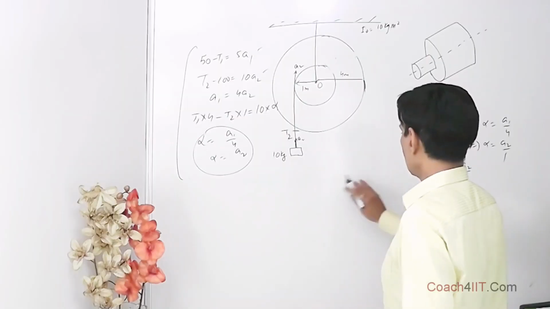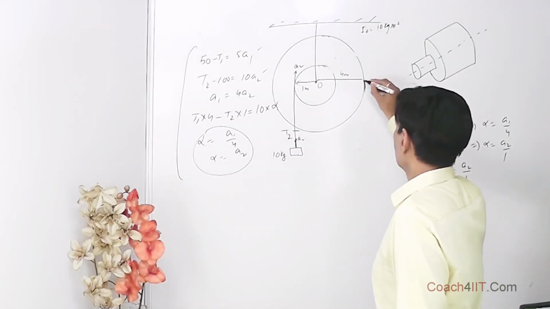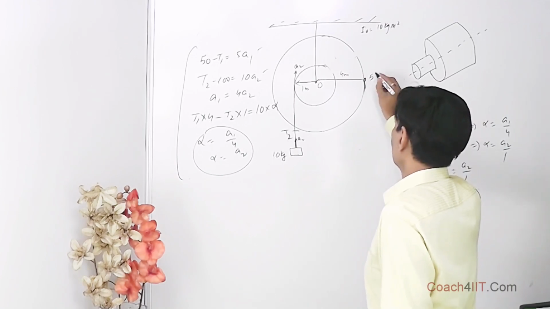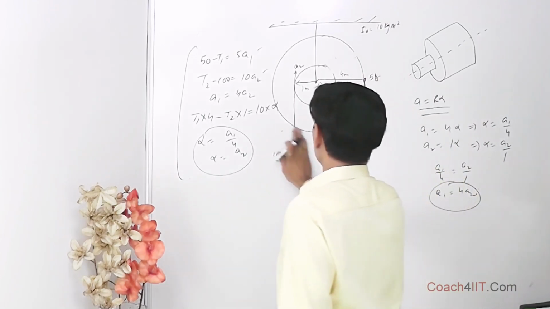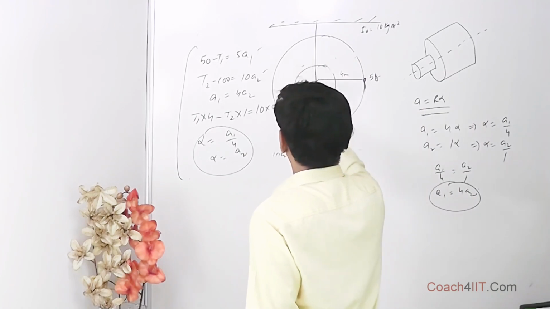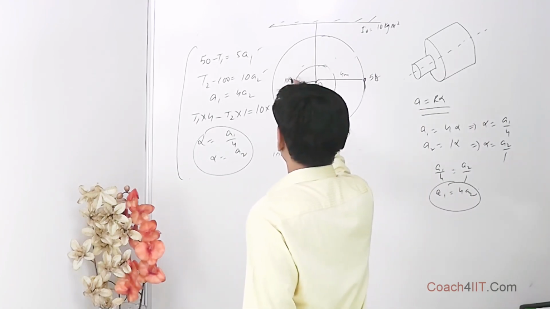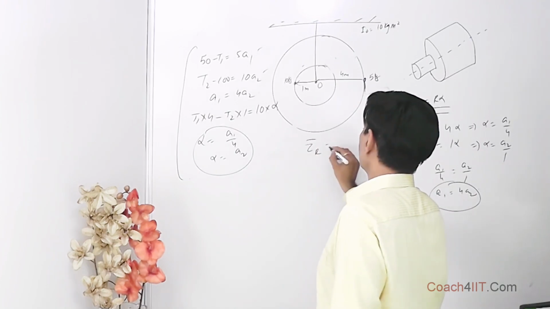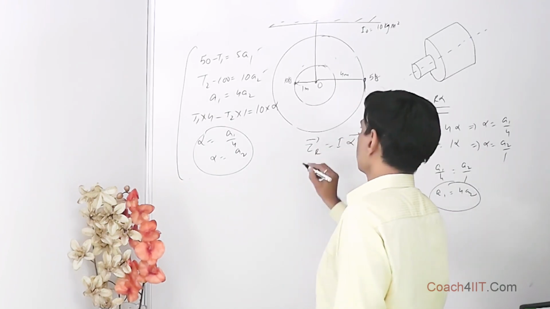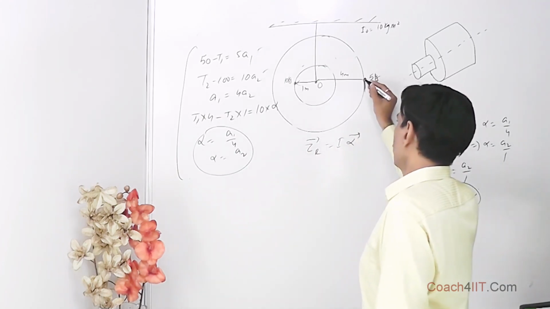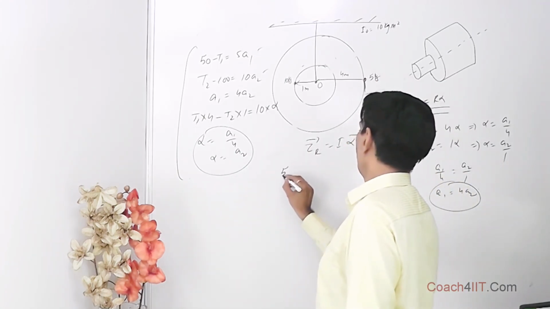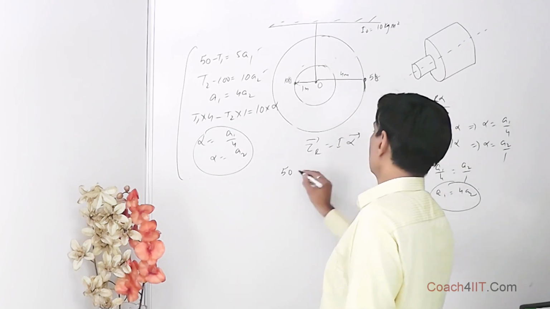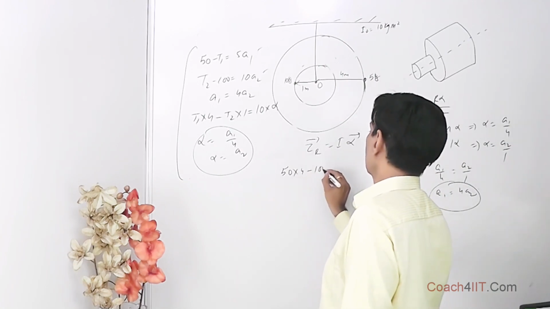Otherwise, we can just fix this 5 kg point mass over here, and the 10 kg we can fix over here. And directly we can use net torque is equal to I into alpha. Net torque is 50 into 4 minus 100 into 1.